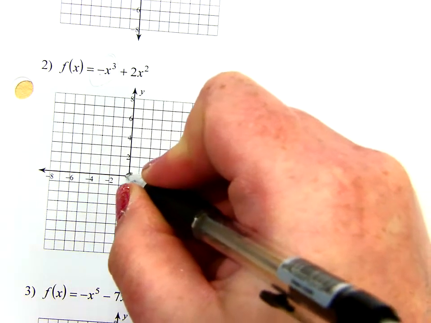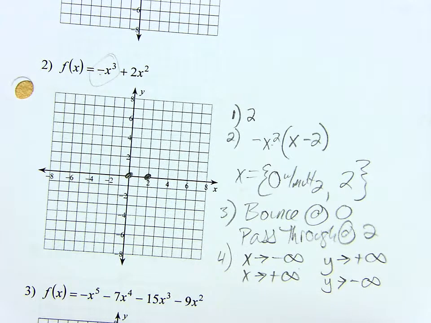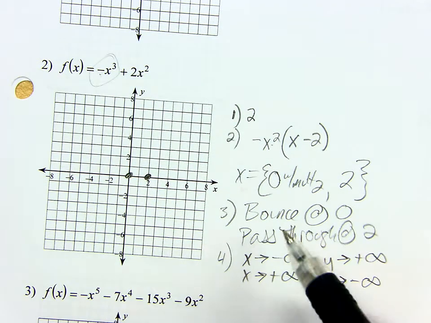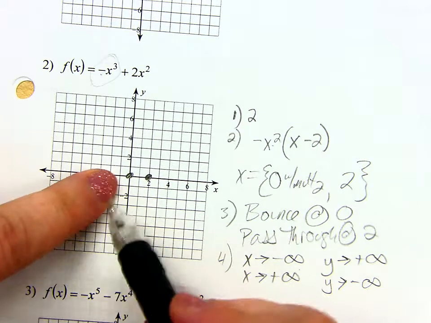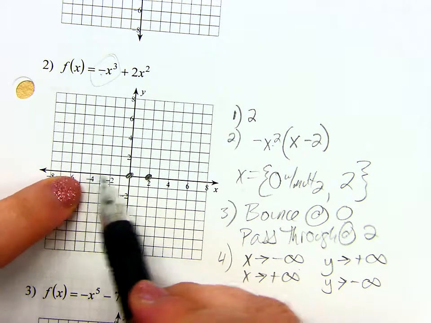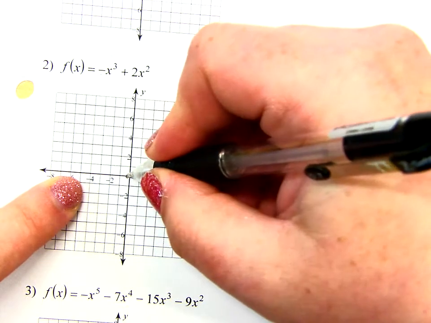So that means at 0 and at 2, that's happening, right? Now, because it's going to bounce at 0, right? It's going to bounce at 0. Now, I don't have any zeros over here. So what that tells me, since the left-hand side is going up to infinity, that means that this is just going up.